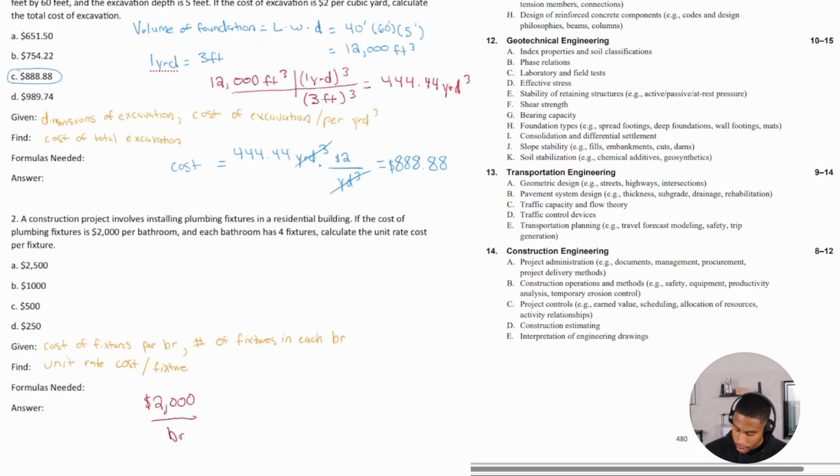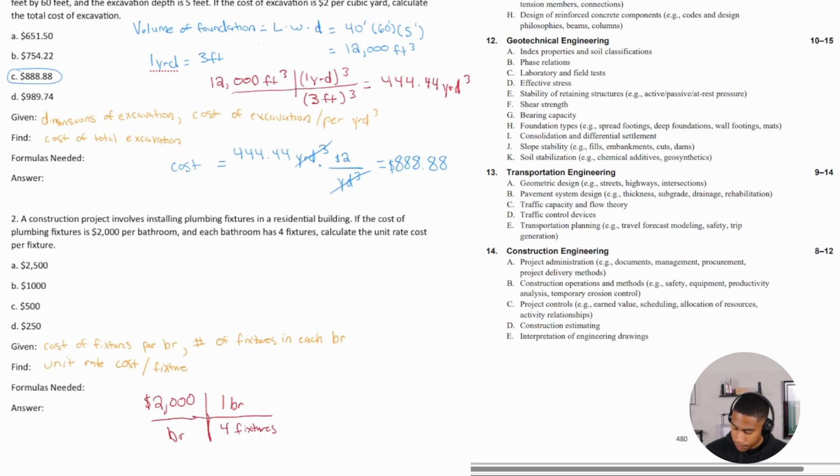And then, so it's kind of like another unit conversion problem. So in each bathroom, how many fixtures are there? All right, so 1 BR has 4 fixtures.